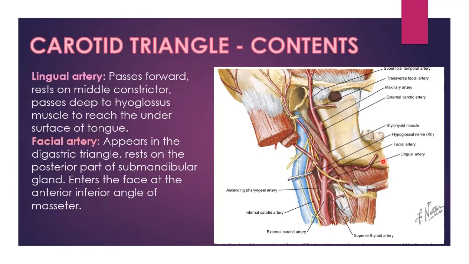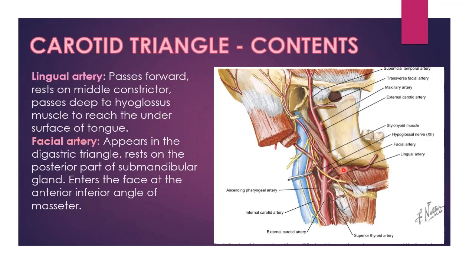It gives branches, mainly the arteria profunda linguae or deep lingual artery, a dorsal lingual artery, and some glandular branches to the salivary glands present there. Finally, it supplies the tongue.